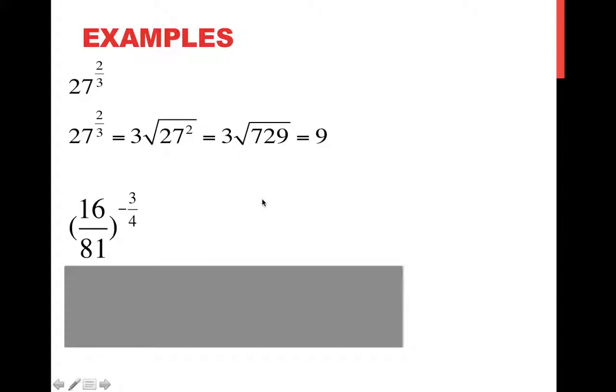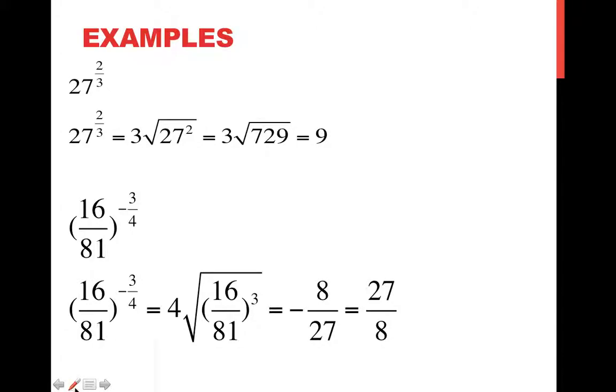And then our last one, a quite tricky one, but I'll go for it. Right, this is how I worked it out. We've got a fraction here, so I ignored this minus with the fraction and just kept it as that. So you get 16 over 81, 3 over 4, and ignore the minus.